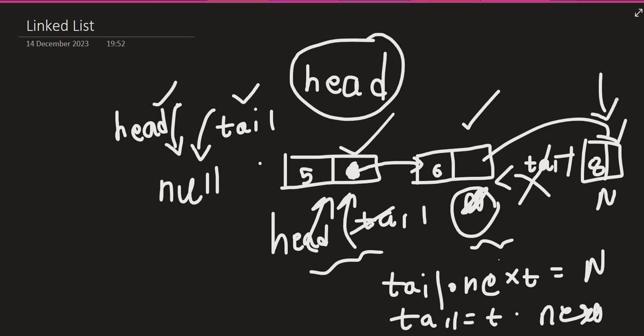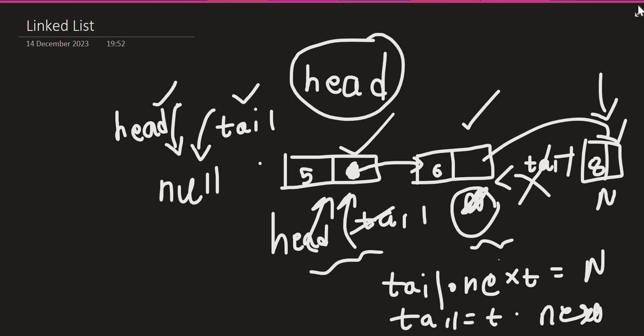This is taking the input. I want to take the linked list as an input. While taking the input, I want to attach the linked list. This is the most important thing: I want to maintain head and tail. Head should always point to the first and tail should always point to the last. So if I know the head and tail, I can attach new elements to the tail.